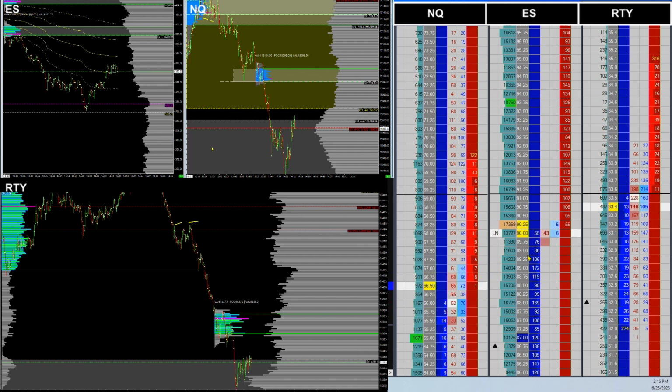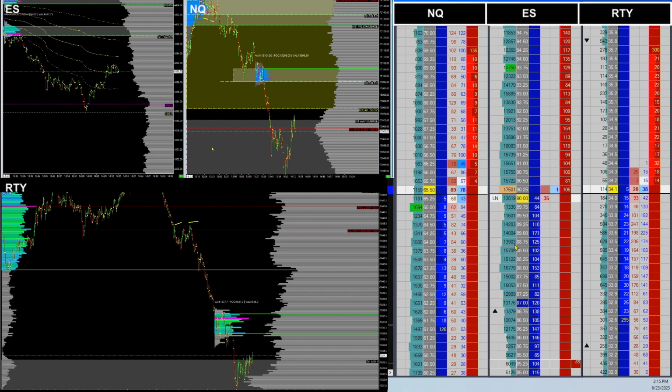Now, I think VWAP should be getting hit. Russell is about to break out and run. That should give us a bit of a drag. And we scaled. You know what? This could come back.